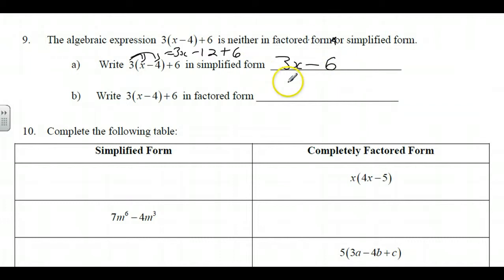That's simplified form. If we want a factored form, we first need to simplify and then take out the common factor of 3 and write 3(x minus 2). So given an expression which is neither factored nor simplified, simplify it first, then factor the simplified form.